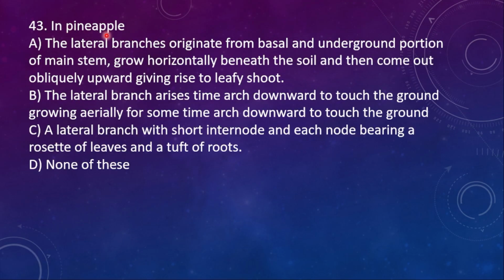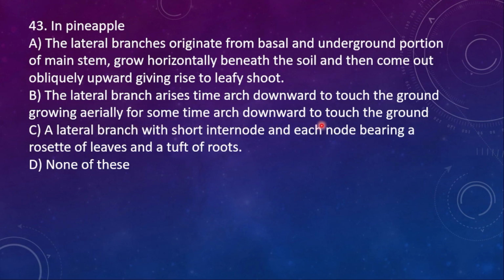43. In pineapple, option A, the lateral branches originate from the basal and underground portion of the main stem, grow horizontally beneath the soil and then come out obliquely upward, giving rise to a leafy shoot. Option B, the lateral branch arises, arches downward to touch the ground, growing aerially for some time.